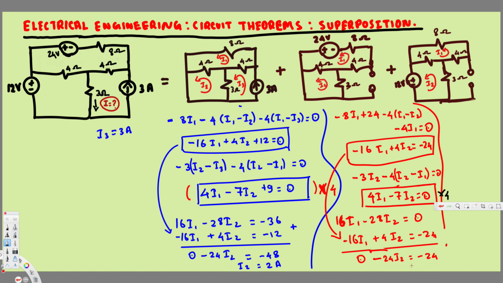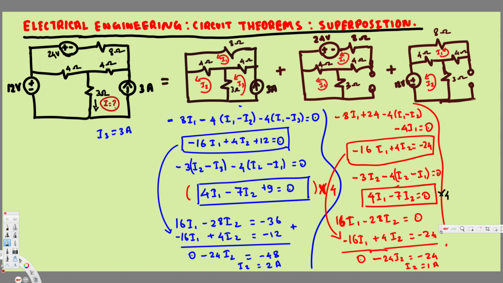So from this one we can see that I2 is going to be equal to just 1 ampere, right? And previously we had I2 equal to 2 ampere, here I2 is equal to 1 ampere. That's because we are having different circuits, right? So we cannot expect the same results.